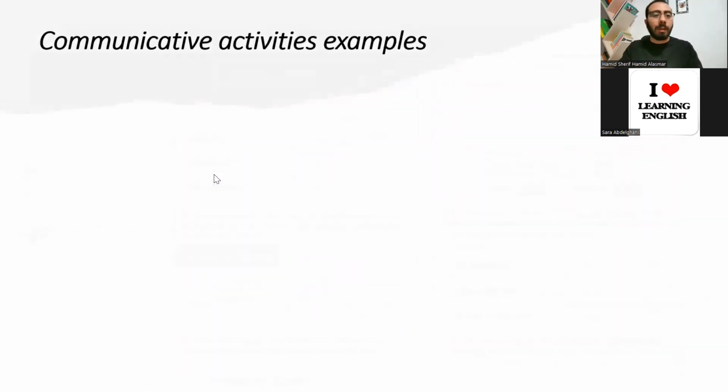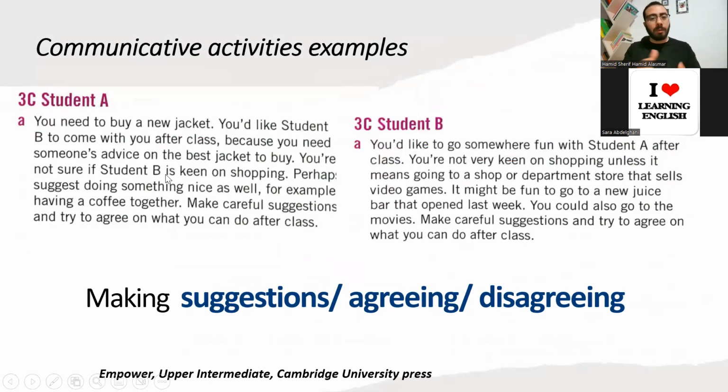Now, if we look at another example, could be this one. Okay, 2 students, this is from a higher level, and another course book, which is called Empower, Upper Intermediate. So we have 2 students, and these 2 students should be communicating. Someone needs to buy something, and the other needs to suggest, agree, or disagree.